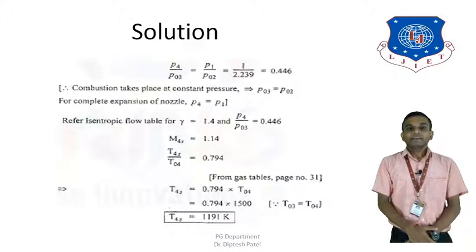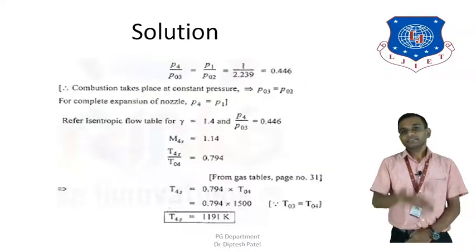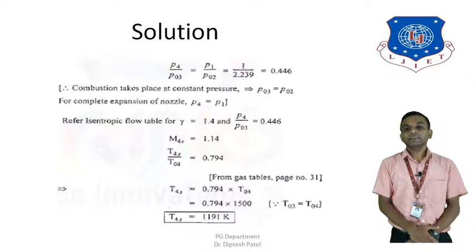Now T4S divided by TO4 is equal to 0.794, and since we are using the gas table that was available in the book, from that I could get T4S equal to 0.794 into TO4.